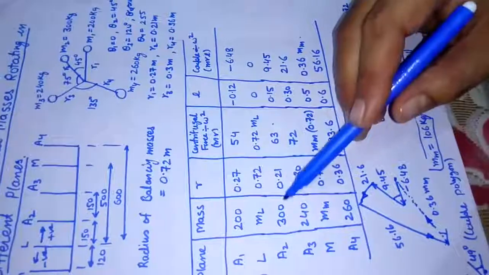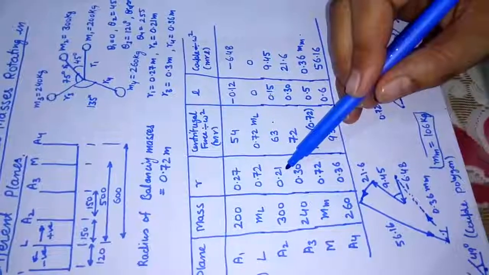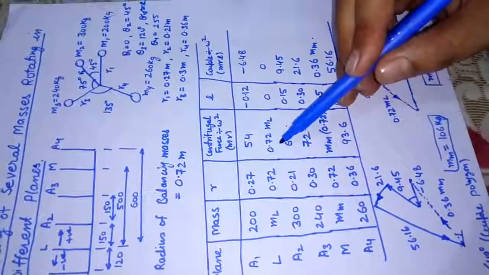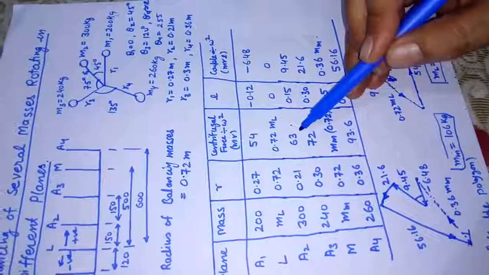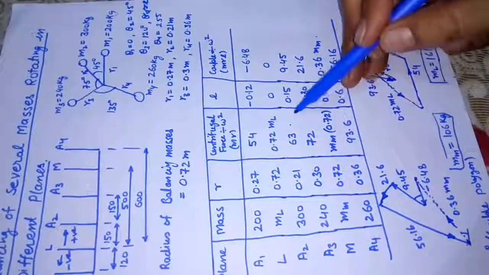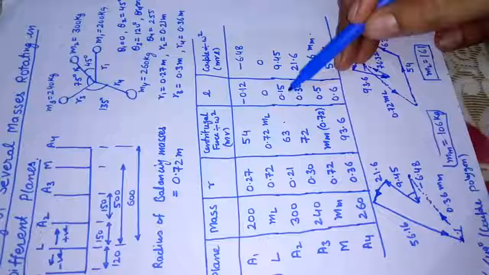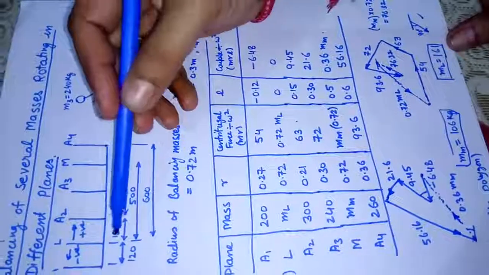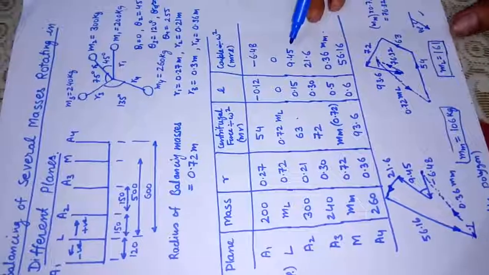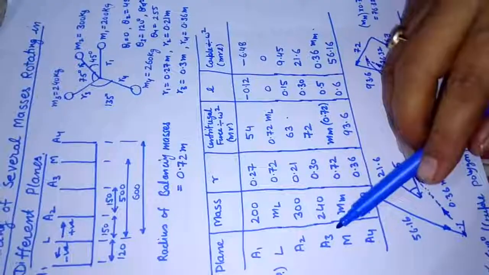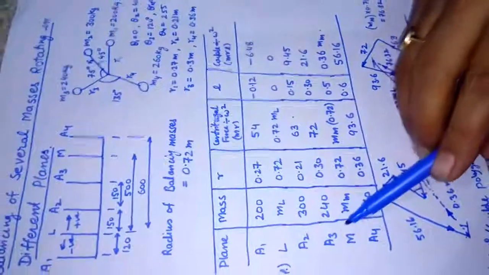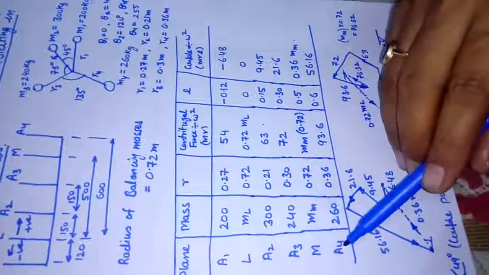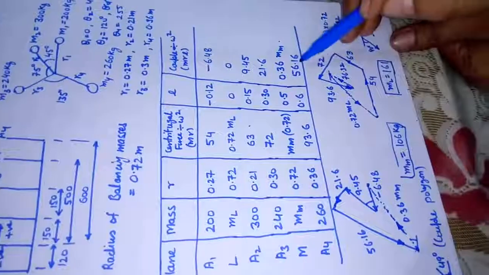A2 is 300, radial distance R2 is 0.21, then we multiply for the centrifugal force, and the location from the reference plane is 150, that is 0.15. We get mrl. Similarly, we have calculated for A3, M and A4.